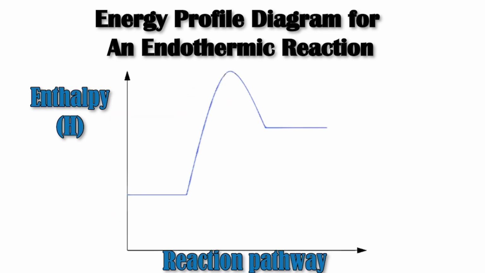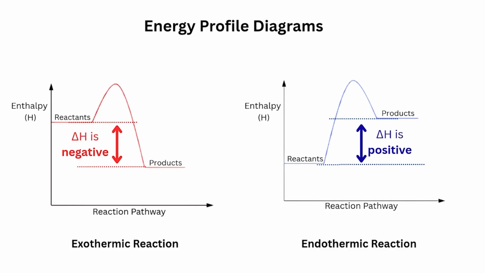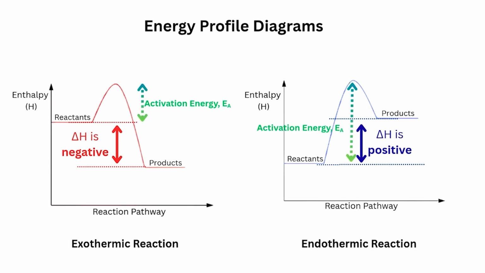In an endothermic reaction, the products have more energy. Energy was absorbed from the surroundings. The vertical difference, we call that your enthalpy change or delta H. We can also mention your activation energy here on your diagram, which we will explain a little later on.